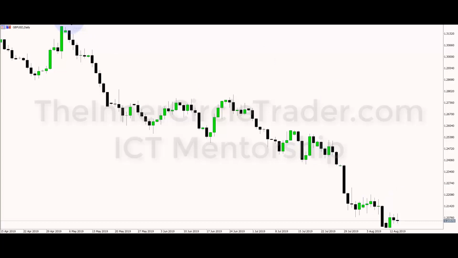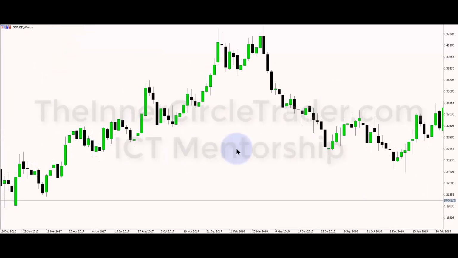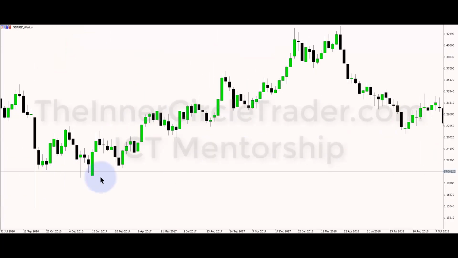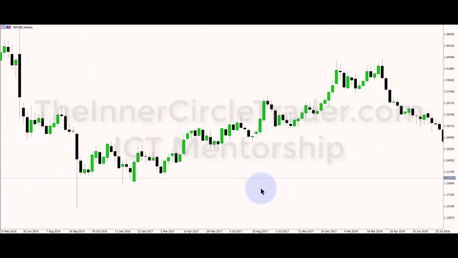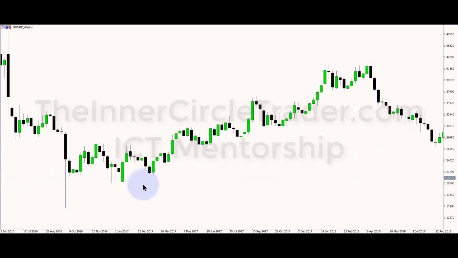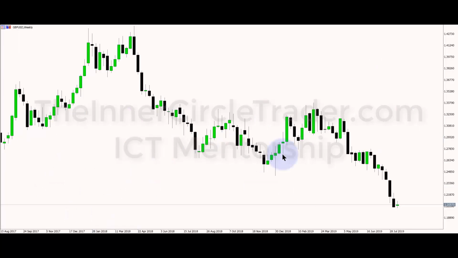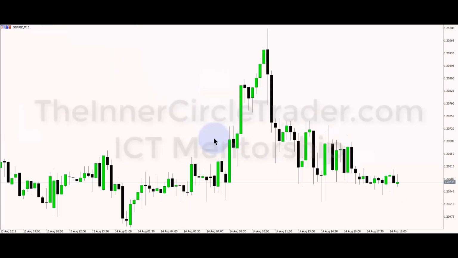So what am I looking for? I'm looking for cable, again, to run these lows, and disregarding that wick here, I think it could go lower if we get that run on the dollar. So yeah, that's that. On a 15-minute time frame drop down, it's really sloppy.